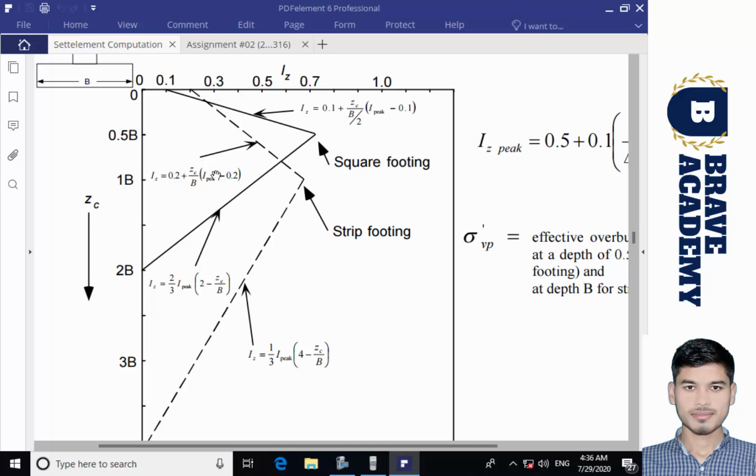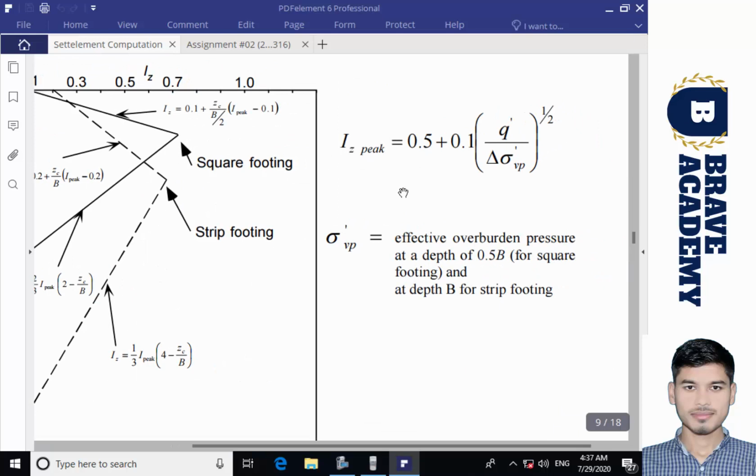So 0.5 is less than 2.5, so we will use this relation: Iz equals 0.2 plus Zc over B into (Iz peak minus 0.2). So first of all, we will have to calculate the Iz peak value to use this for Iz at less than 1B depth and Iz at greater than 1B depth.